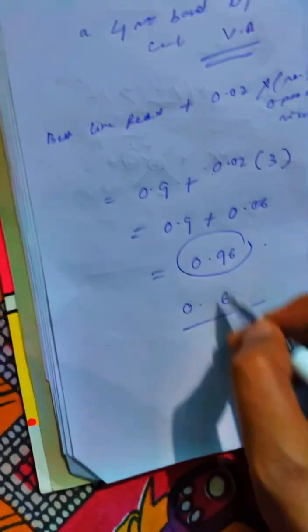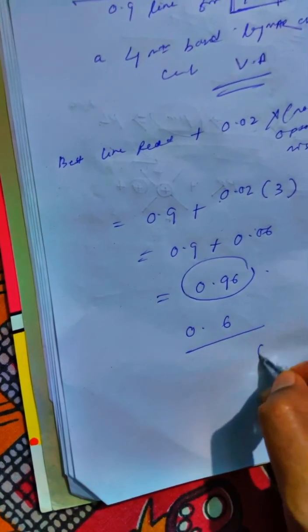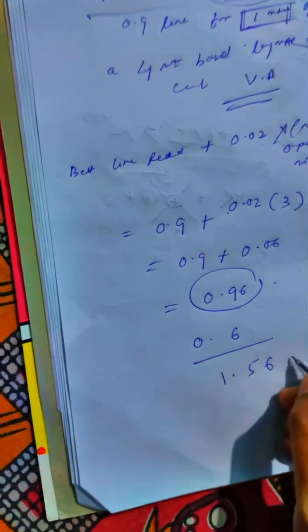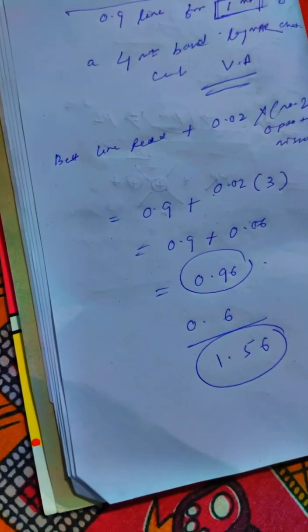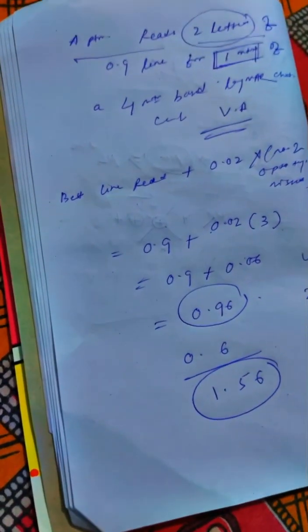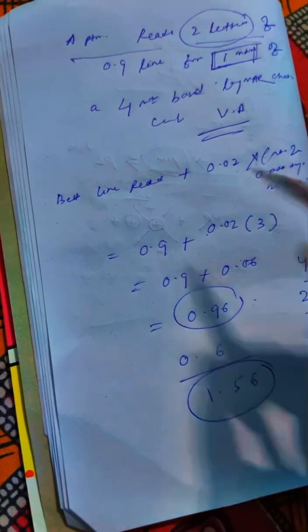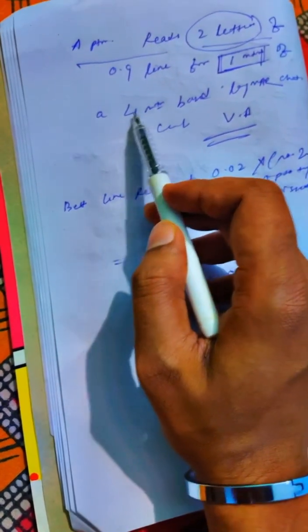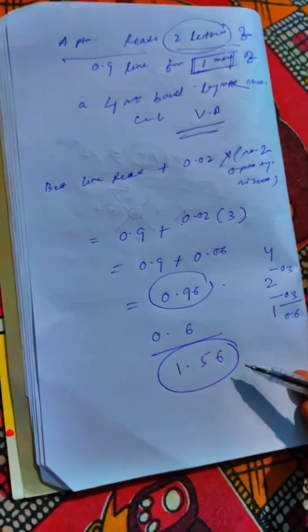So I am adding 0.6 to 0.96, and your value will be 1.56. So the value for this question will be 1.56. Got it? A patient read two letters of the 0.9 line from 1 meter of a 4 meter based LogMAR chart. So your answer will be this.